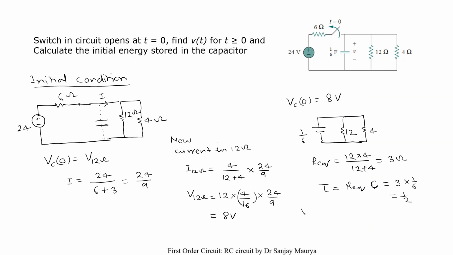Now the voltage across the capacitor, v(t), will be the initial V0, 8, e to the power minus t by tau. Tau is 1 by 2, so this will be 8 e to the power minus 2t. So this is the voltage across the capacitor. Now the next step is to determine the energy stored across the capacitor in the beginning.